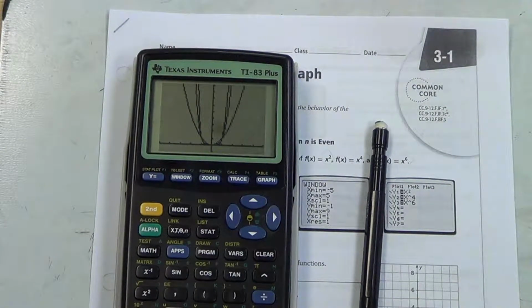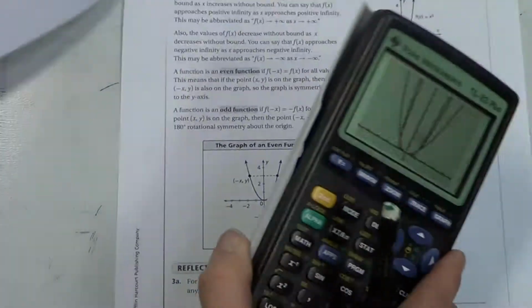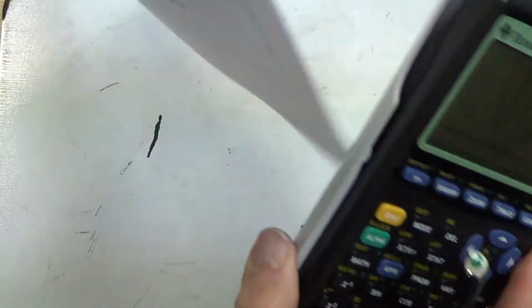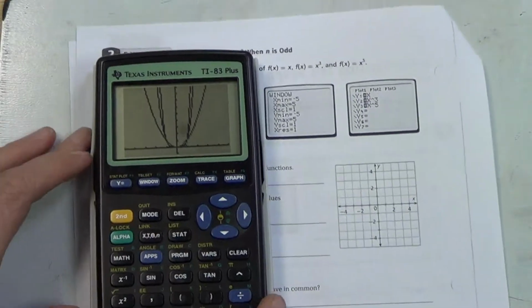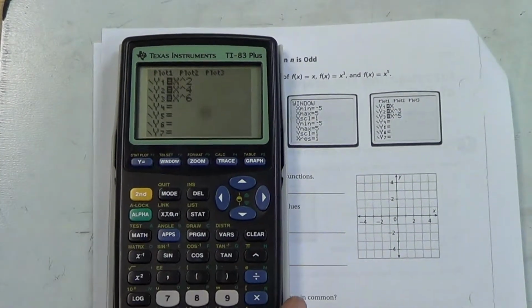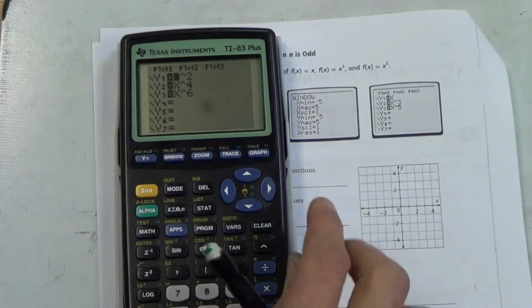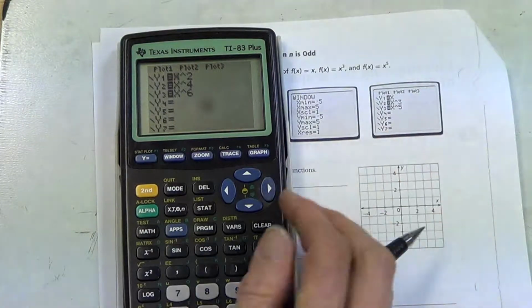Now the next thing that they want us to investigate, so those were the evens, 2, 4, and 6. And now they have us go back to the window on the next page, and they have us plot the odds, 1, 3, and 5.